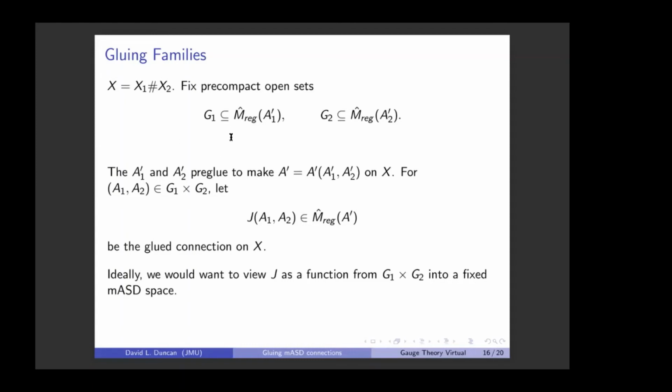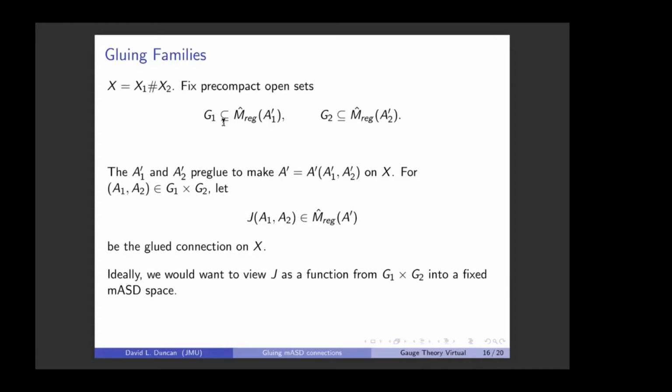Yeah, for sure. Thanks. So we're fixing G1, which is a pre-compact open set in this mASD space of connections. Reg means that I want all my elements of this to be regular, meaning the relevant linearized operator is surjective. And then A1 prime is specifying a Coulomb slice.